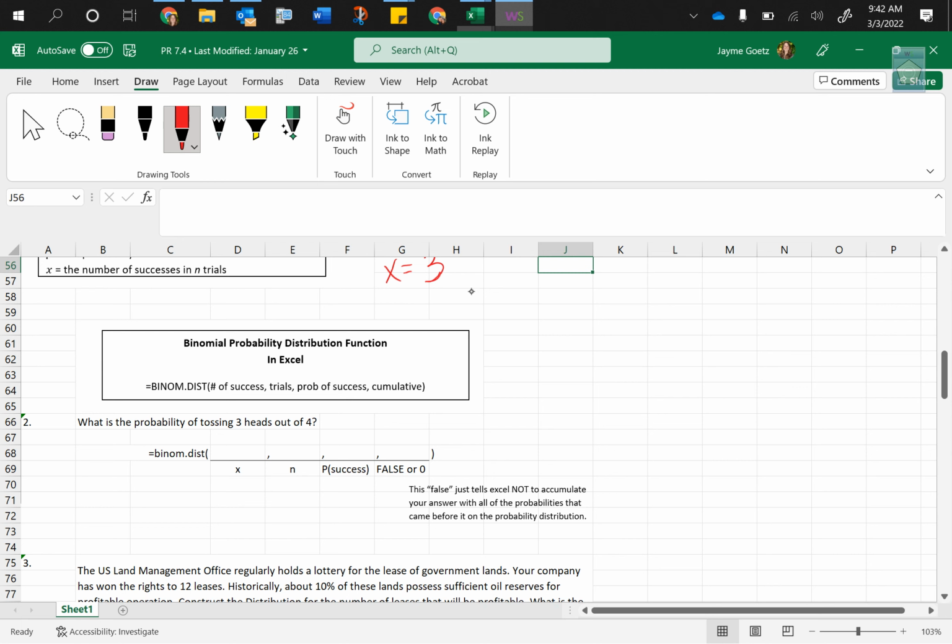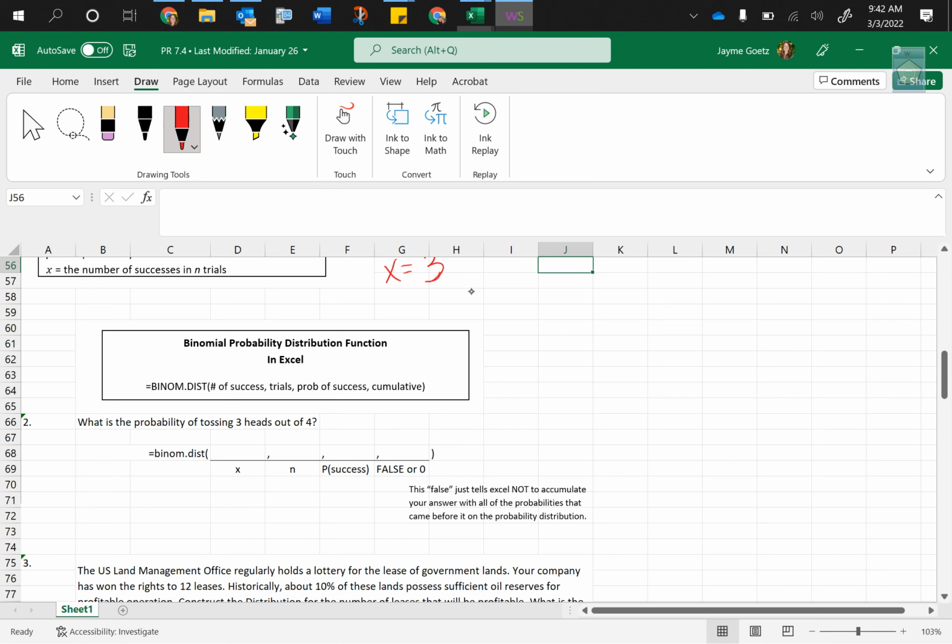So when you type it in, it's going to ask for BINOM.DIST of 4 measures. The first measure is going to be your x value. So if we're going to do it again, the probability of tossing 3 heads out of 4, what was my x value? My x value is 3. That's how many we want.